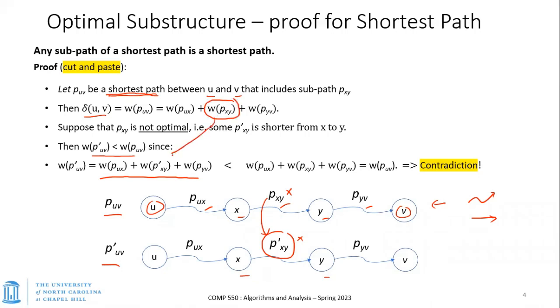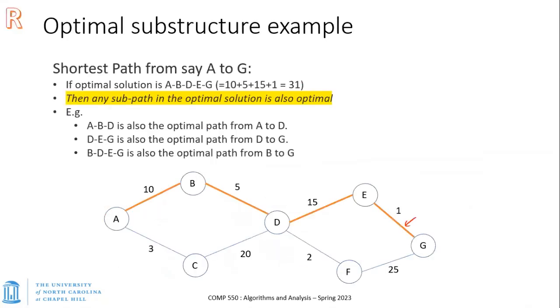And whenever you see a sum of individual terms, then it's clear that there is going to be an optimal substructure. So we replace this, and we can clearly see that this is going to be less than the original, which becomes a contradiction. So it's a formal proof. It's a fairly trivial extension of what we intuitively understood.